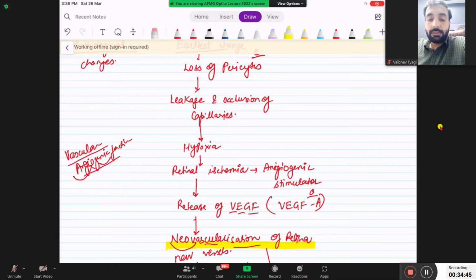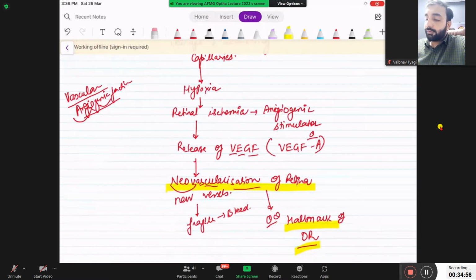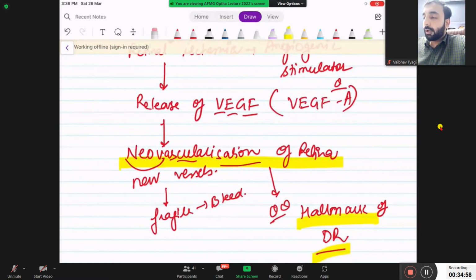But the problem with these new vessels is that they tend to bleed very easily because they are very fragile. So later on they will bleed more. That neovascularization of retina is called the hallmark of diabetic retinopathy. So this is the pathogenesis of diabetic retinopathy. Clear?